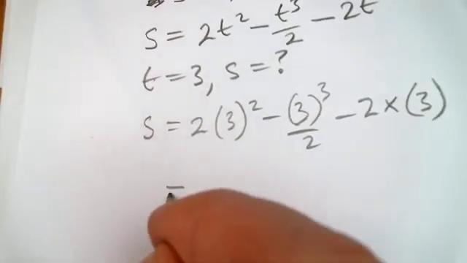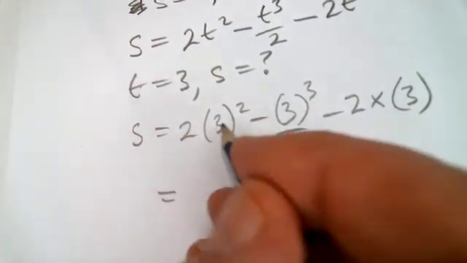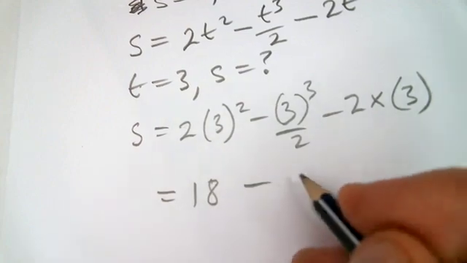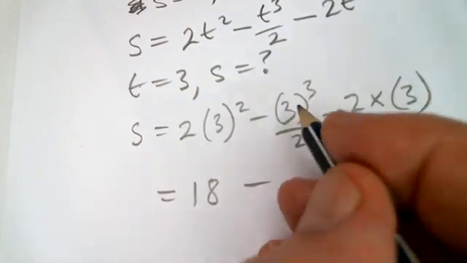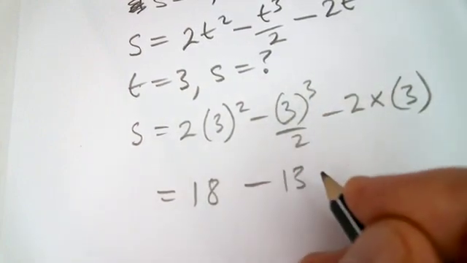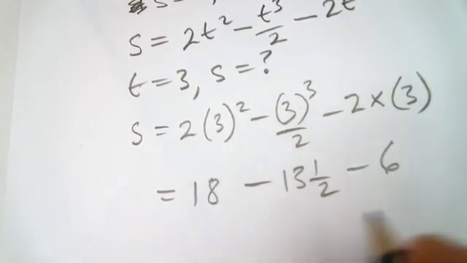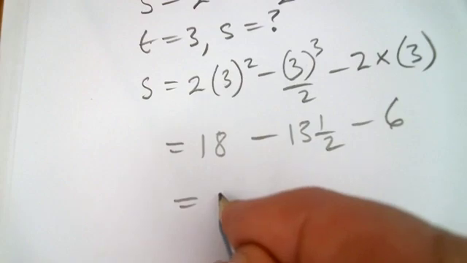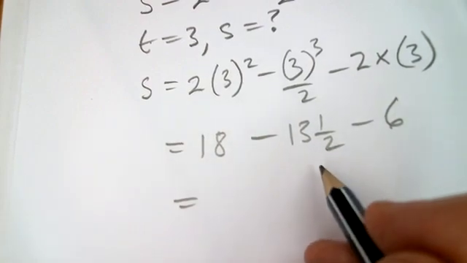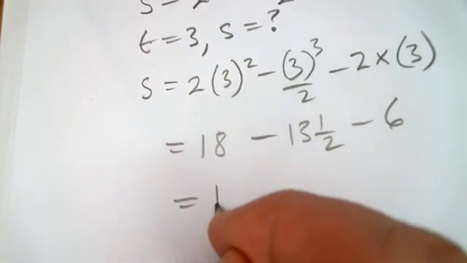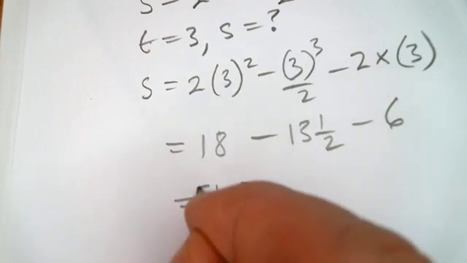That's going to equal, well, 3 squared is 9, 2 nines are 18, minus 3 cubed is 27, divided by 2 is 13 and a half, minus 2 threes are 6. 18 minus 13.5 is 4.5, minus 6 is going to be 1.5, and it'll be negative as well.